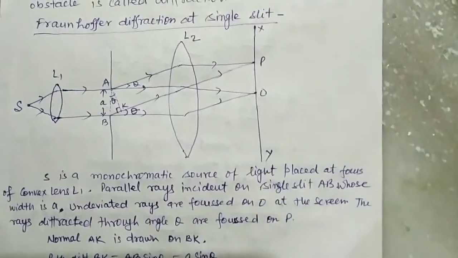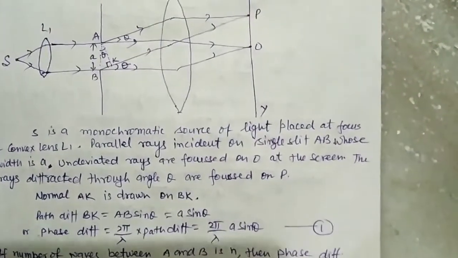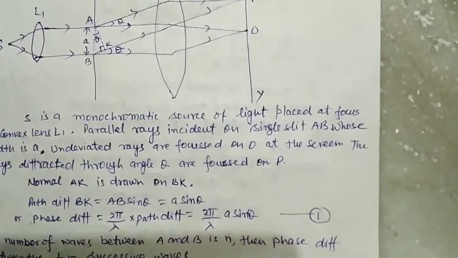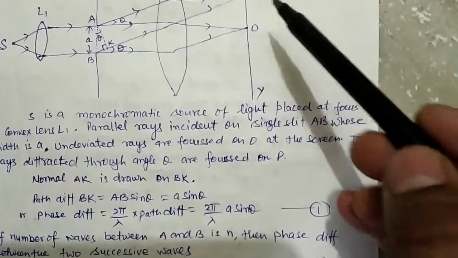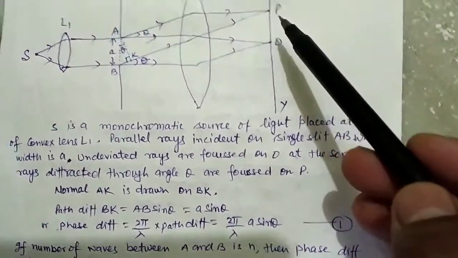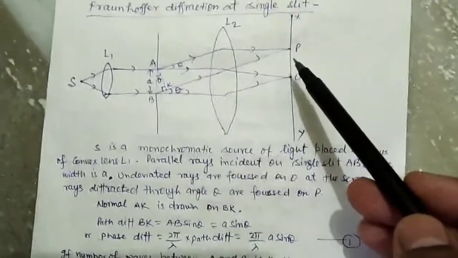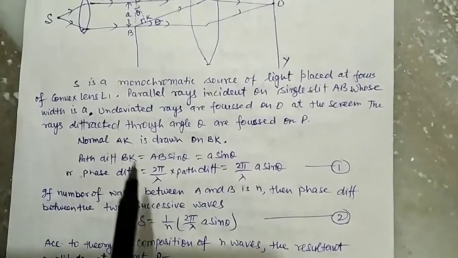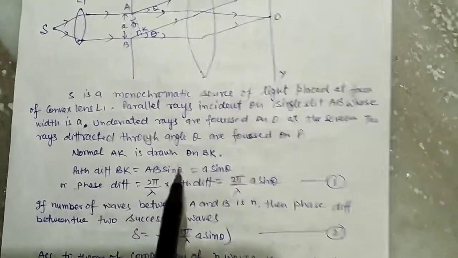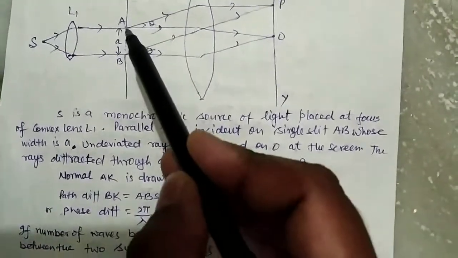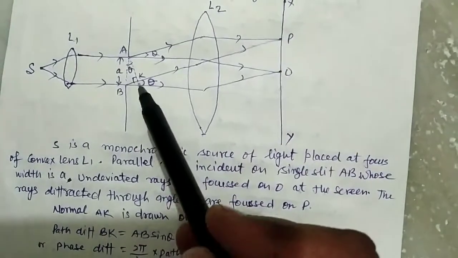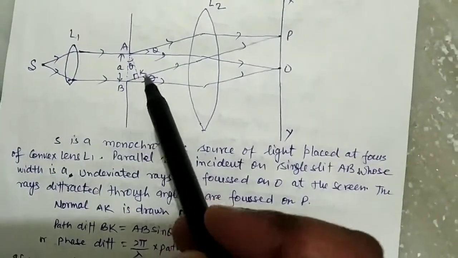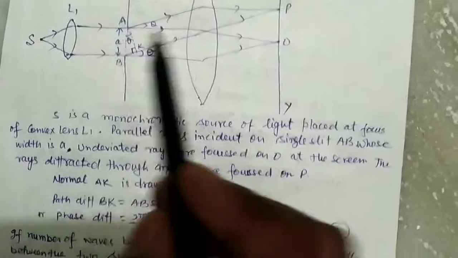To find the diffraction pattern, we have to find the resultant amplitude between the rays on screen at point P. So normal AK is drawn on BK. This is the normal AK drawn on BK. This angle will be theta.